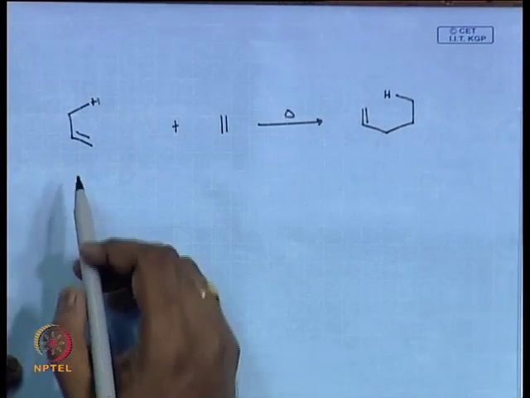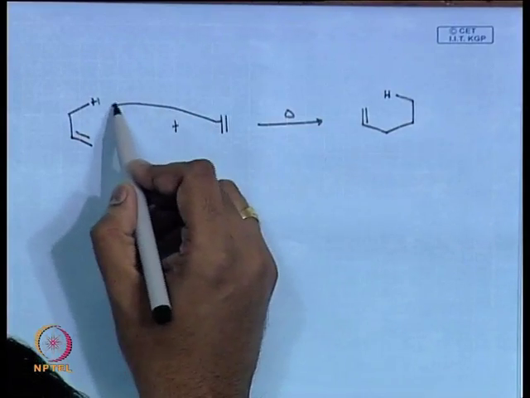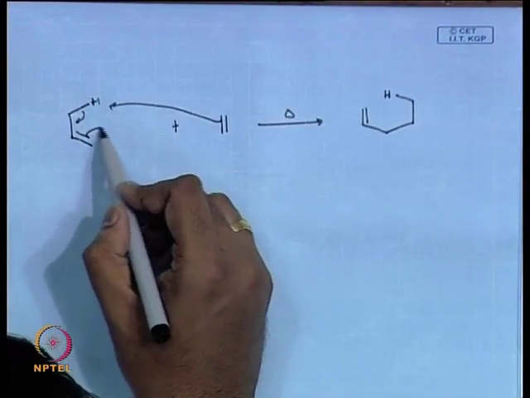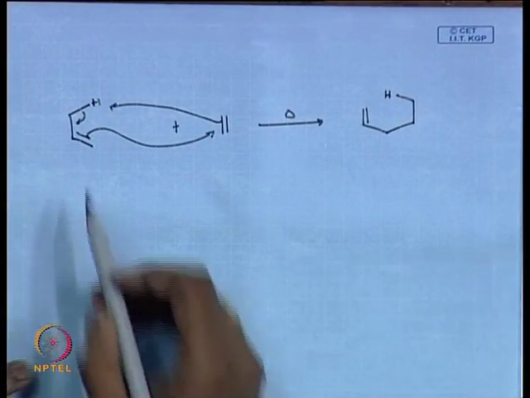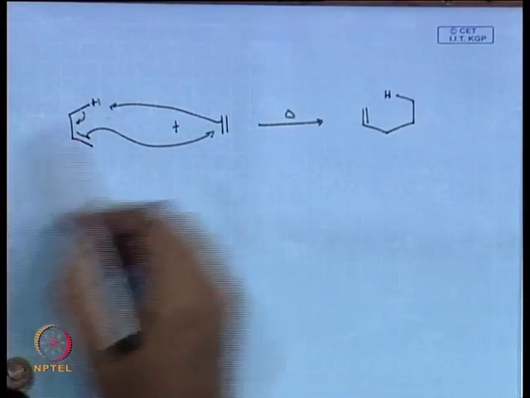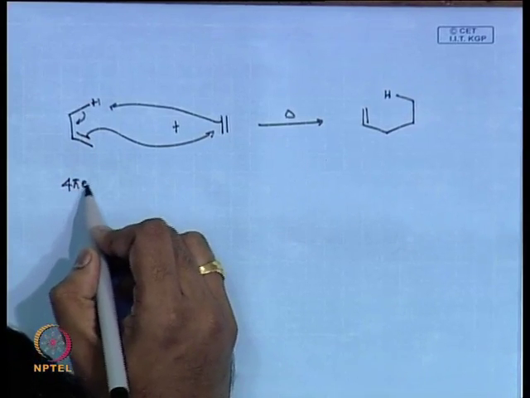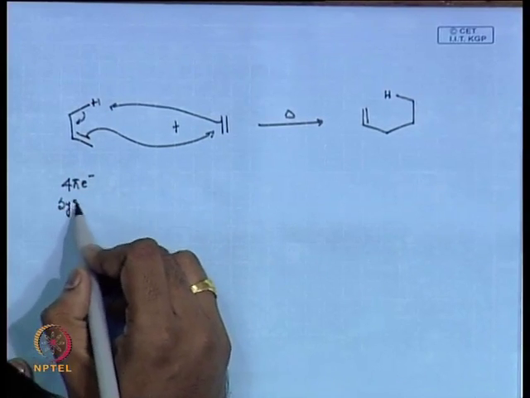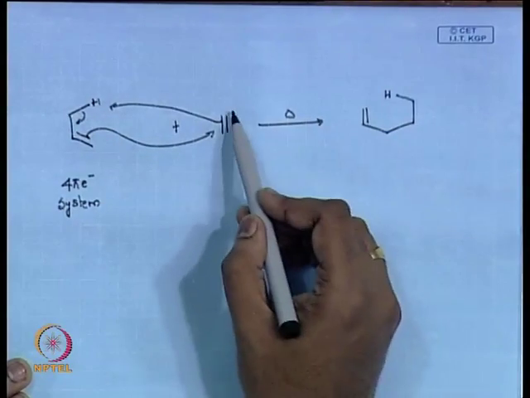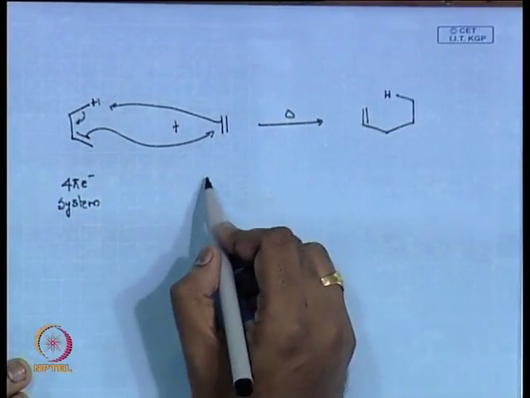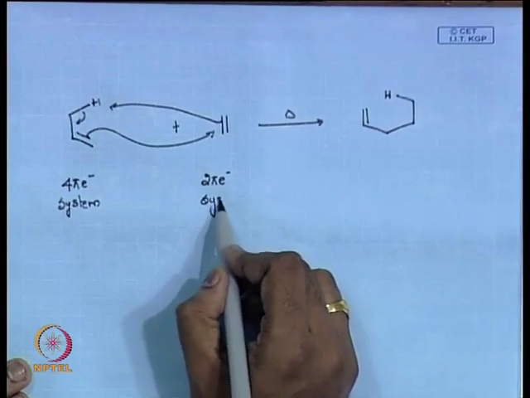Now, if you see the electron push, how many electrons are totally involved? In my allyl system, I can say that 4 pi electrons are involved in the reaction for this substrate. For the alkene, I can say 2 pi electrons.